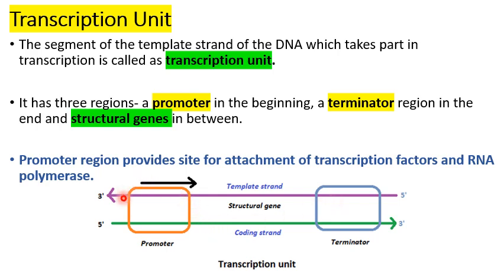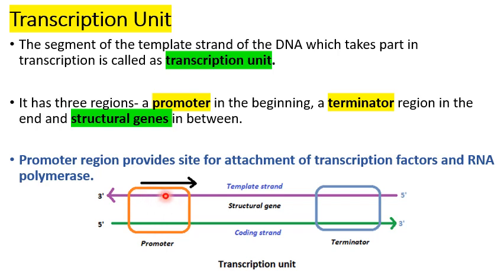The promoter is the sequence present on the DNA where the enzyme RNA polymerase binds and starts transcription. Generally we find that the sequences present in the promoter are rich in AT because it's easier to break AT bonds than GC.